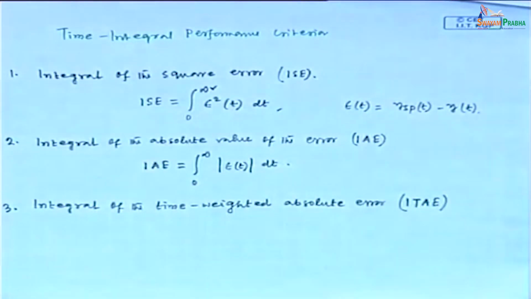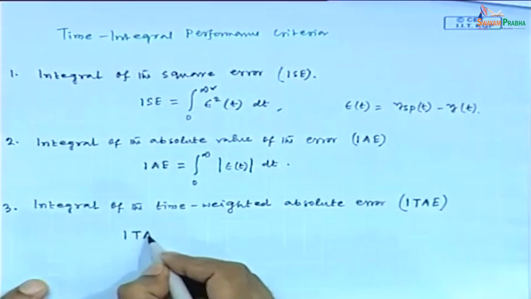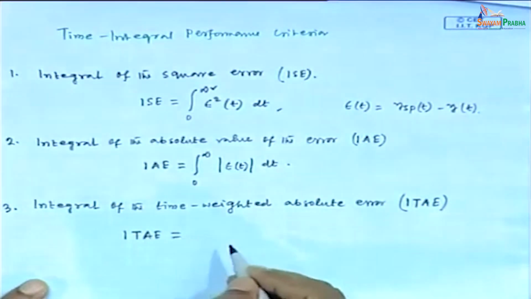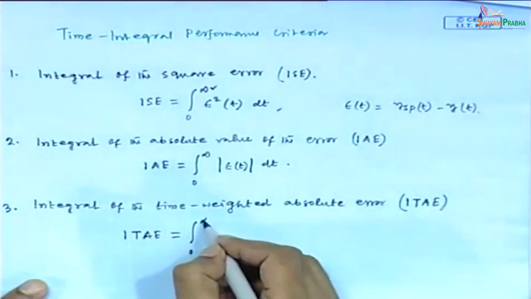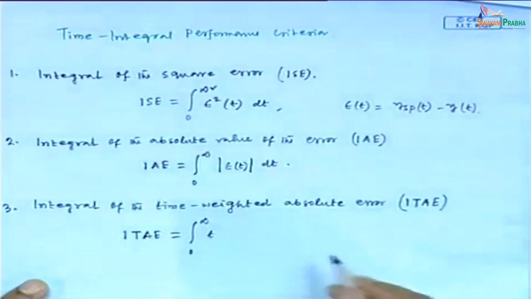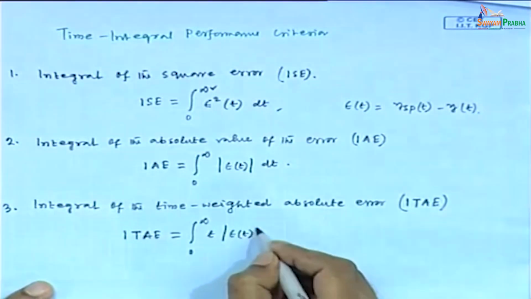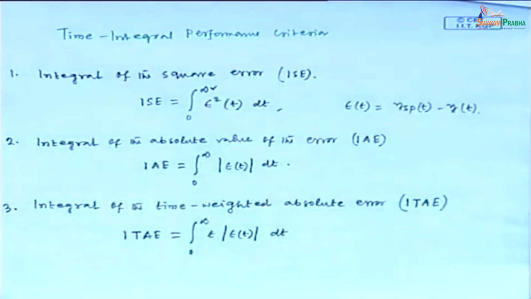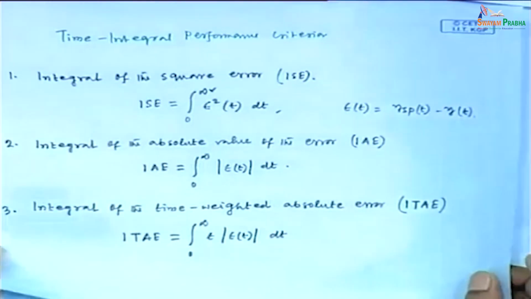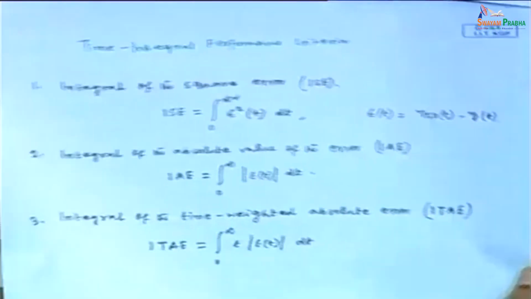ITAE is written as the integral from 0 to infinity of t times the absolute value of epsilon t dt. Fine. These are the three time integral performance criteria which are used in selecting the control parameter values.